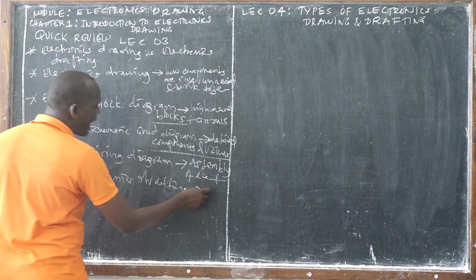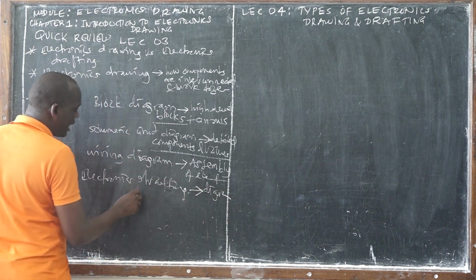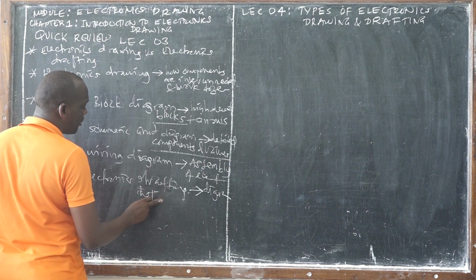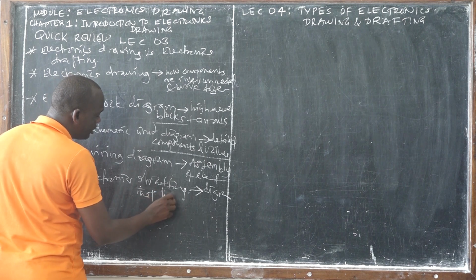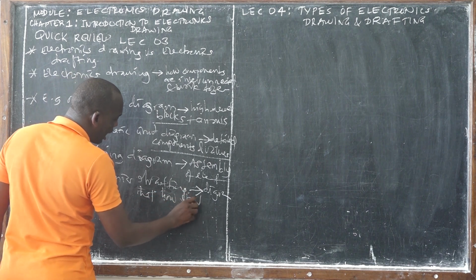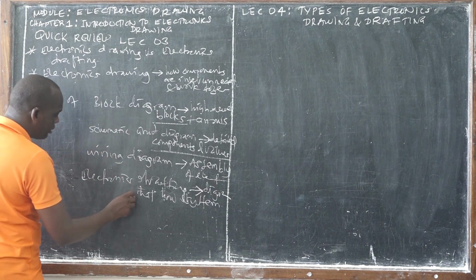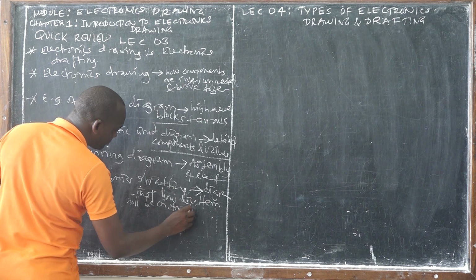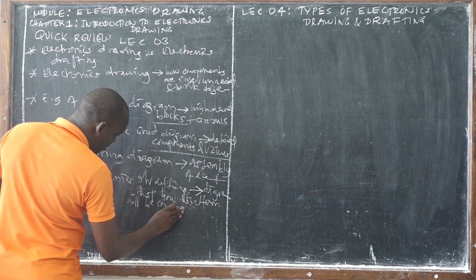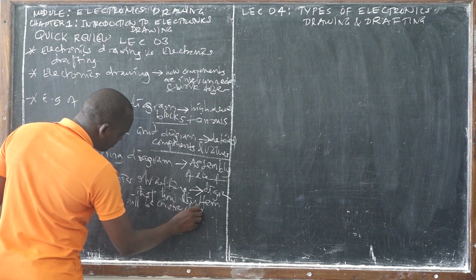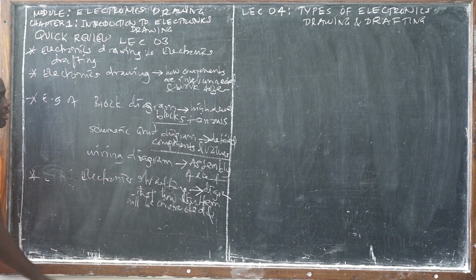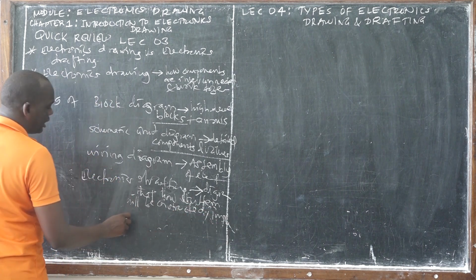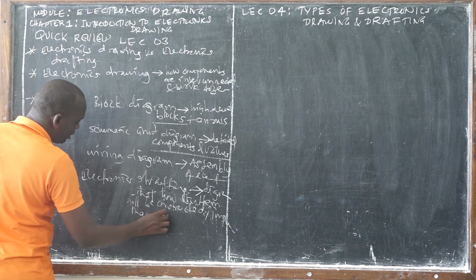Then we say that this is the diagram that gives us details or tells us how the system will be constructed and implemented in the real world, and also how the system will be manufactured.